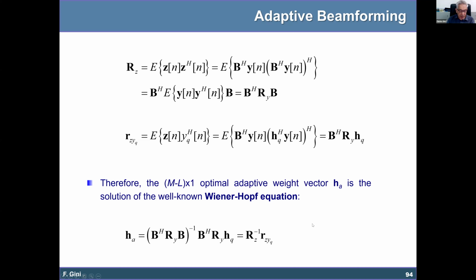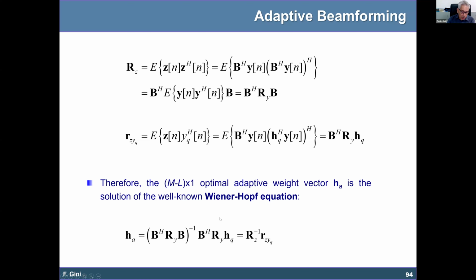So remember, the expression of the FIR Wiener filter is the inverse of the covariance matrix of the data that multiplies the vector of the cross correlation between the data and the desired signal.